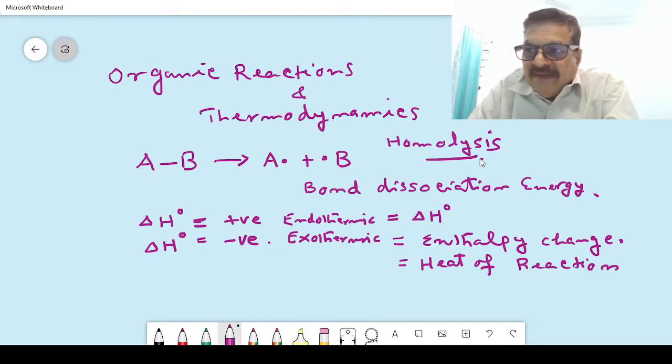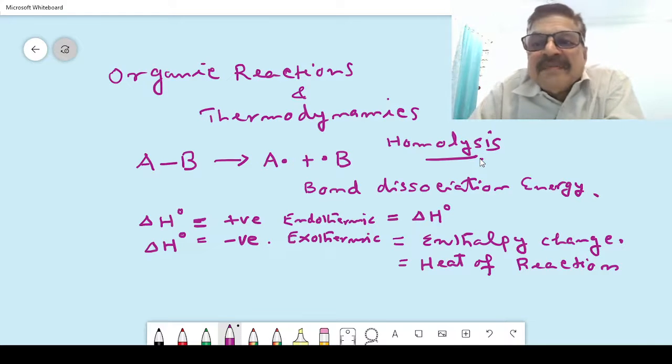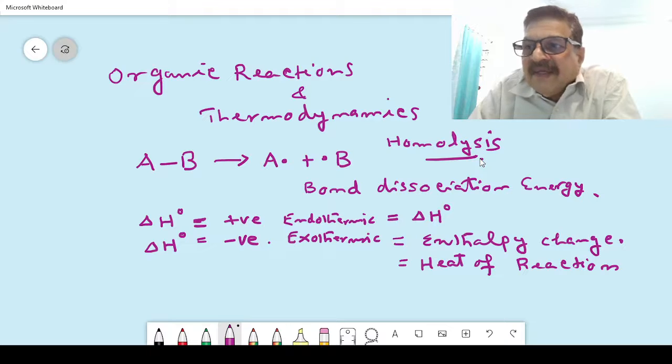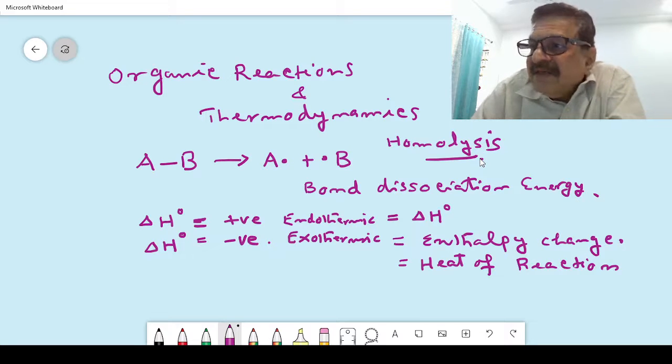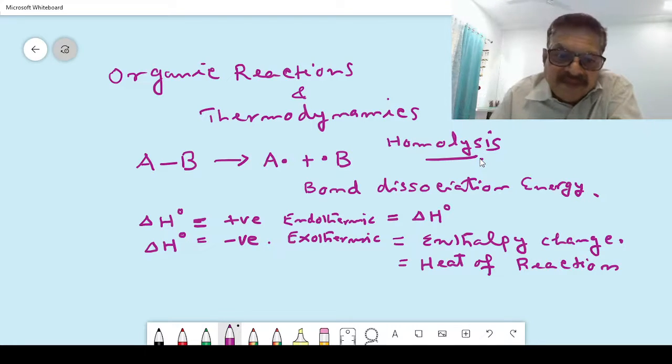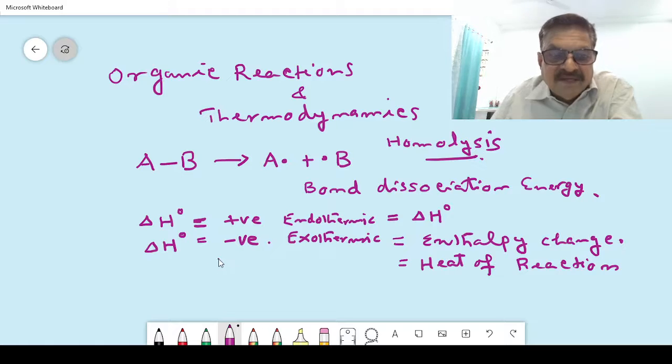Now, the bond dissociation energy we can compare with the bond strength.